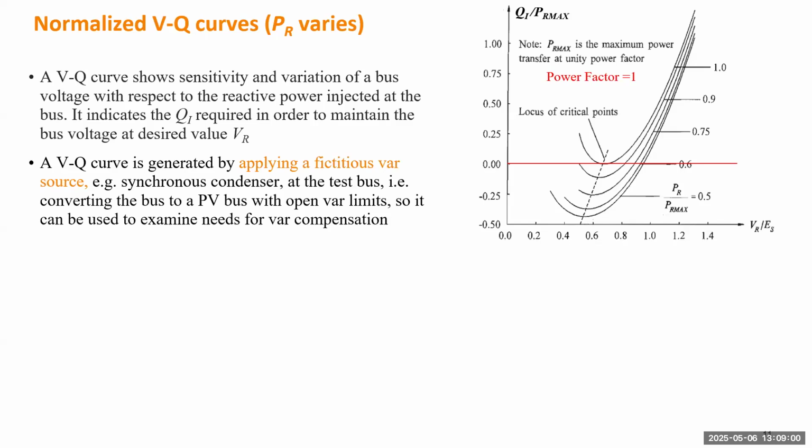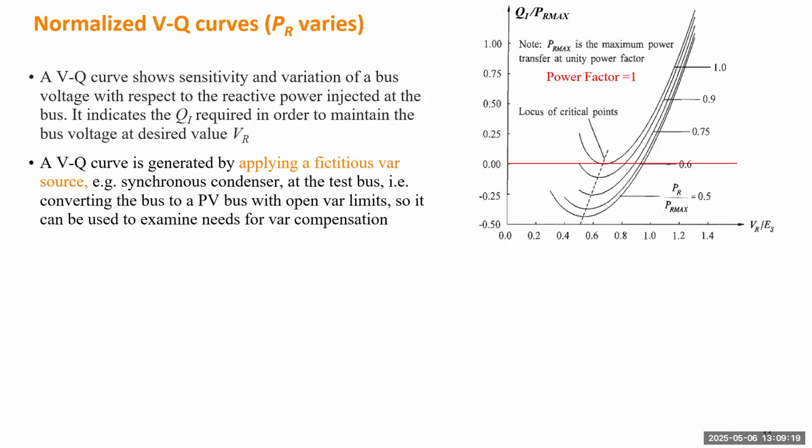Before you know what you want to put onto a system, there are many different voltage controllers. It can be a generator, a switchable capacitor bank, SVC, STATCOM, synchronous condenser. But before you decide what is ideal for you, you can just assume there's a fictitious var source.